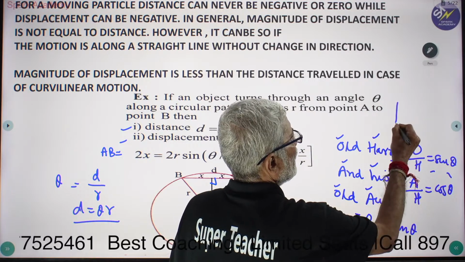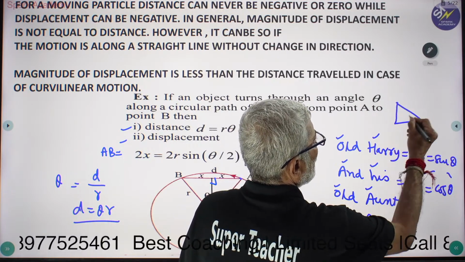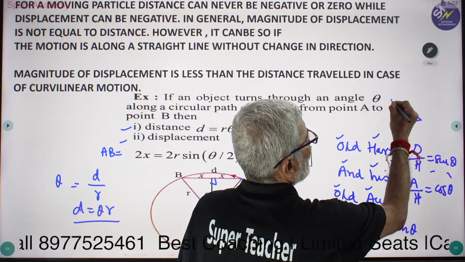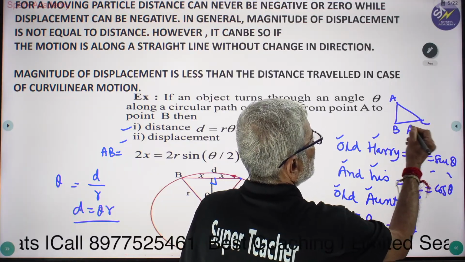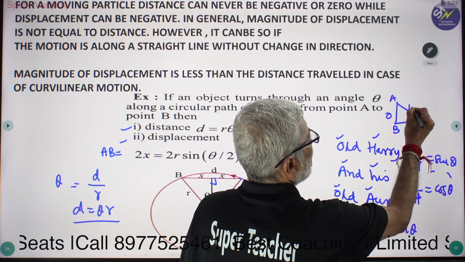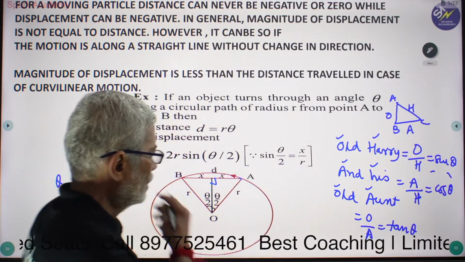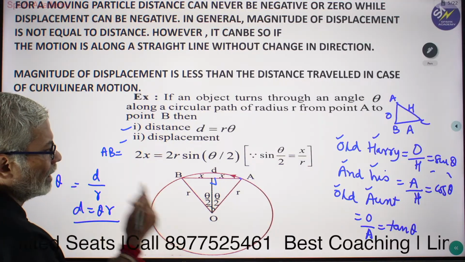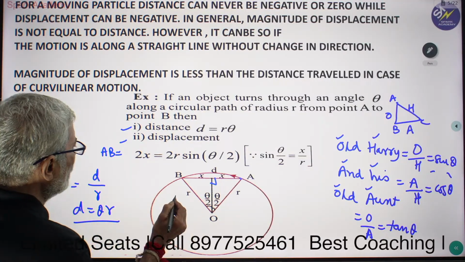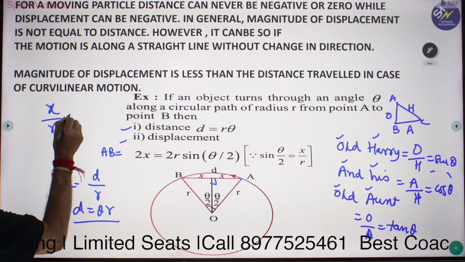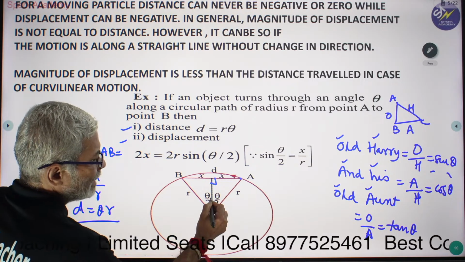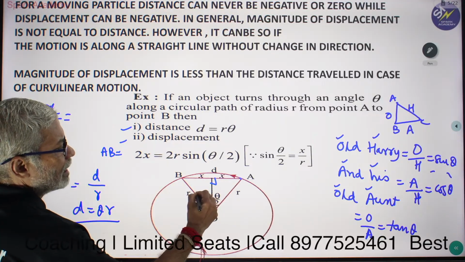Suppose you take a right angle triangle ABC, this is your adjacent side, this is your opposite side, this is your hypotenuse. So that way, x by r will be equal to sin of this angle. This angle is theta by 2, because this full angle is theta.